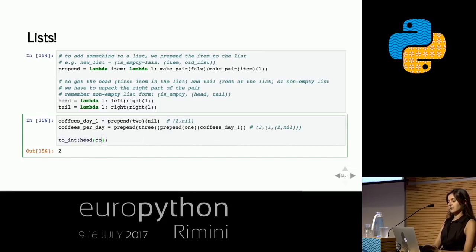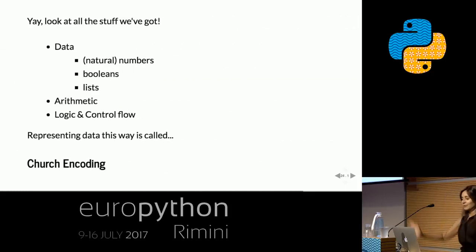So if I had coffees per day, and I took the head of that, the first thing is, I took the coffees on day 1, which is 2, I prepended 1, and then I prepended 3. So the first thing should be 3, which it is. And if I were to take the first thing of the rest of the list, that should be the head of the tail of the list, which should be, okay.